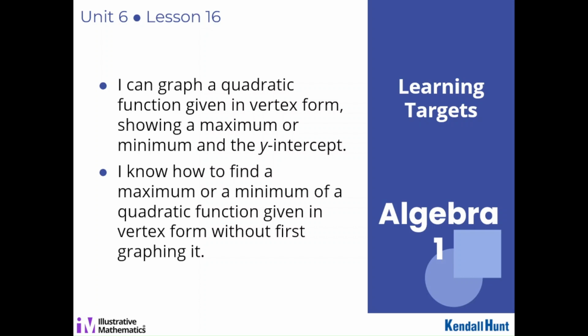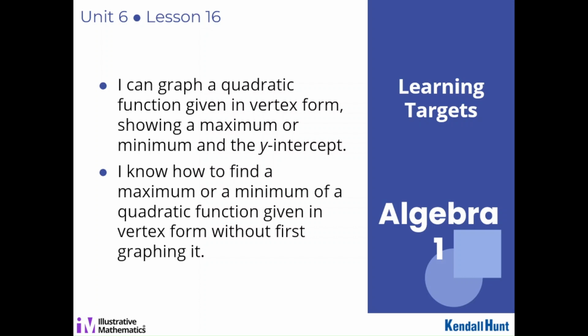Learning target number 2 said you know how to find a maximum or a minimum of a quadratic function given in vertex form without first graphing it. And that simply means you know how to find the vertex. Your vertex form is again A times the quantity x minus h squared plus k, and the h is the x-coordinate of your vertex, and the k is the y-coordinate of your vertex.